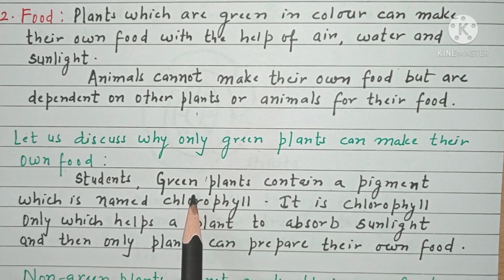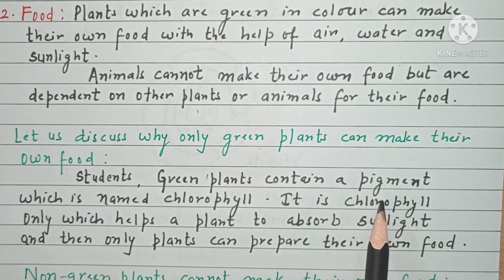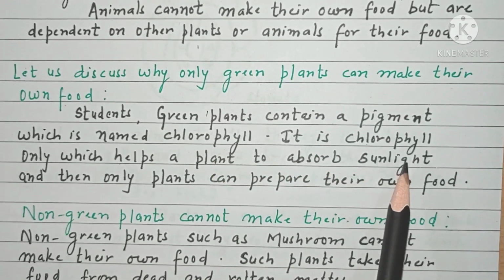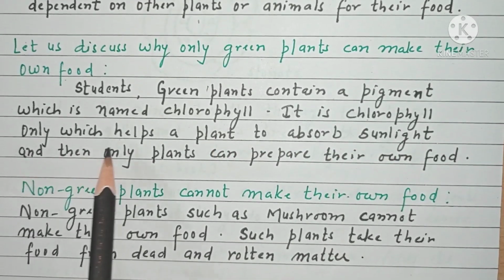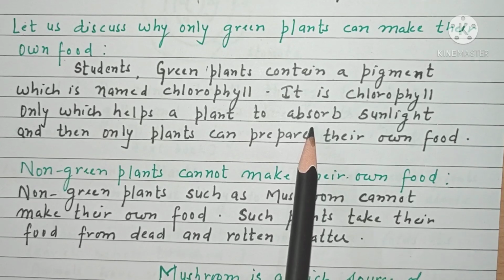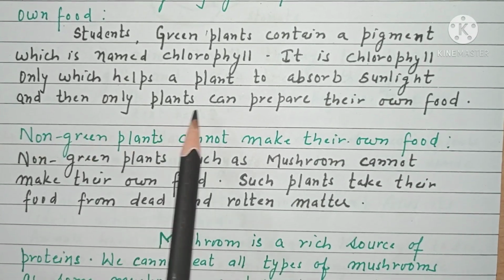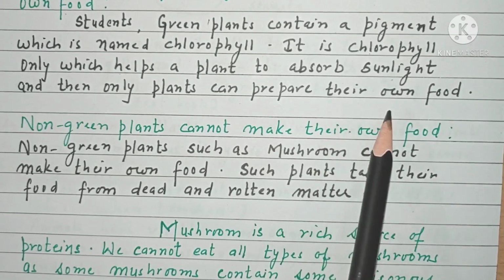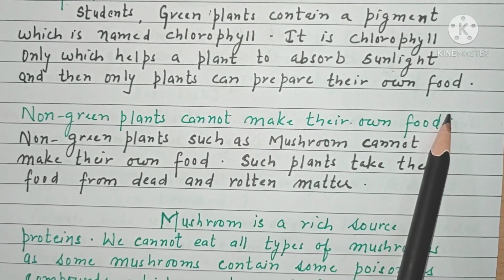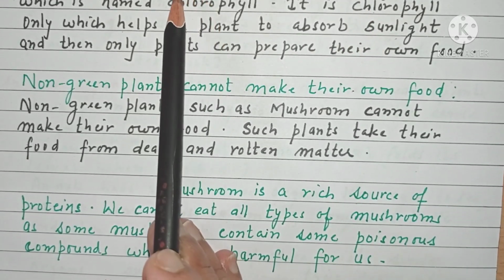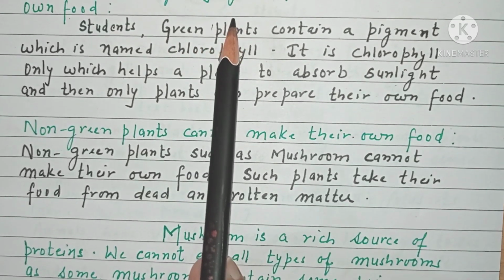Children, green plants contain a pigment which is named chlorophyll. It is chlorophyll only which helps a plant to absorb sunlight, and then only plants can prepare their own food. And this green coloring pigment chlorophyll is present in only green plants.